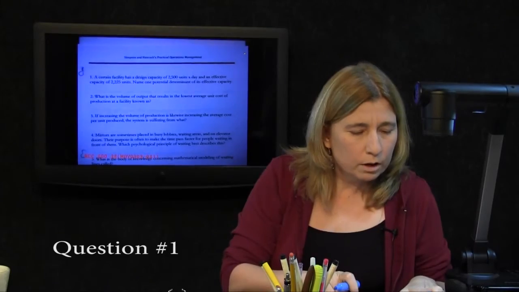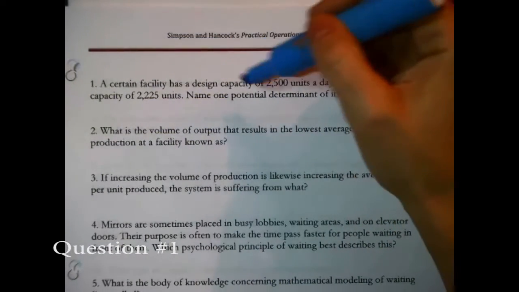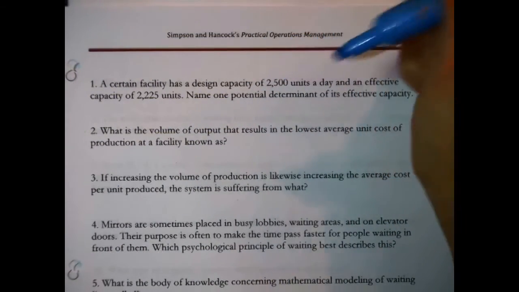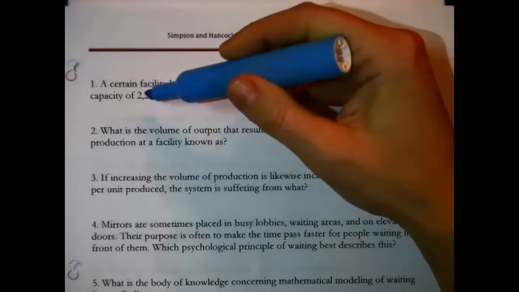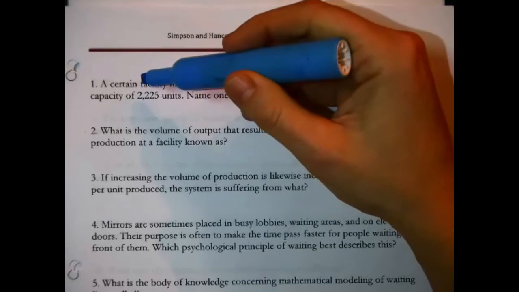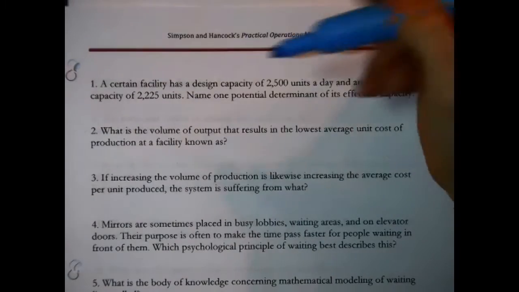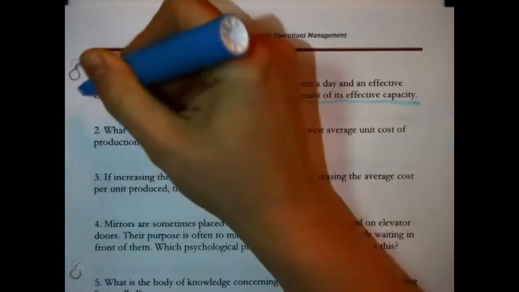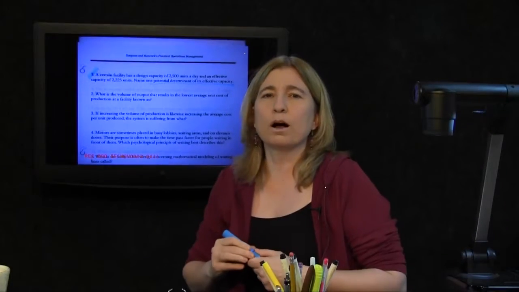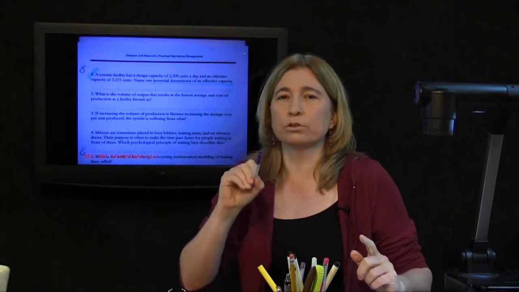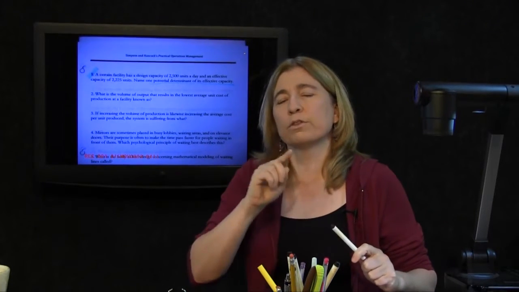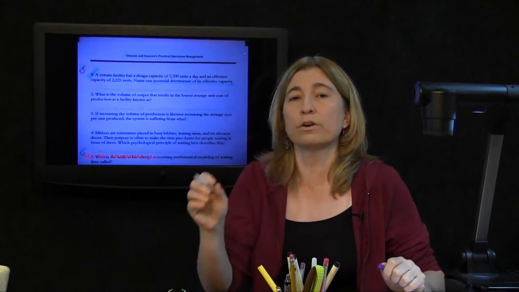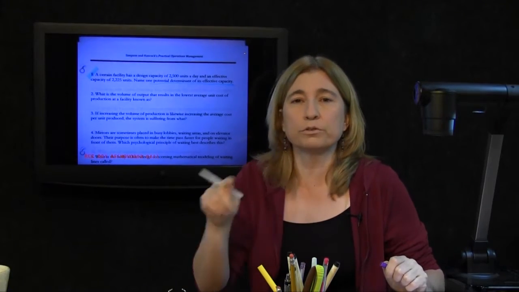Okay. A certain facility has a design capacity of 2,500 units a day and an effective capacity of 2,225 units. Name one potential determinant of effective capacity. This particular problem could have lots of different answers, but the key is you're looking for a reason for the difference between 2,500 and 2,225.